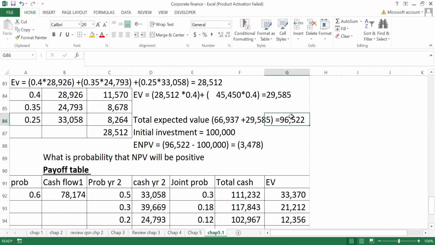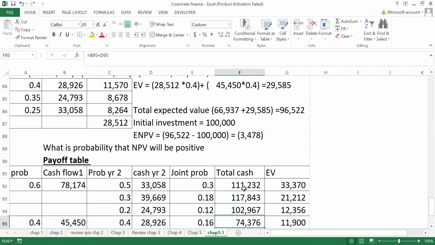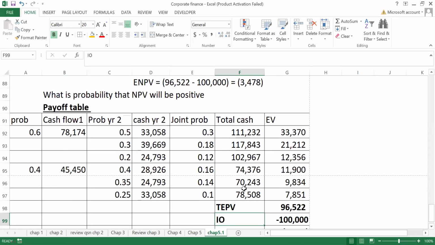I think the easiest way is the payoff table. Yeah, but some say decision tree is simpler. Decision tree takes a longer way than this table.